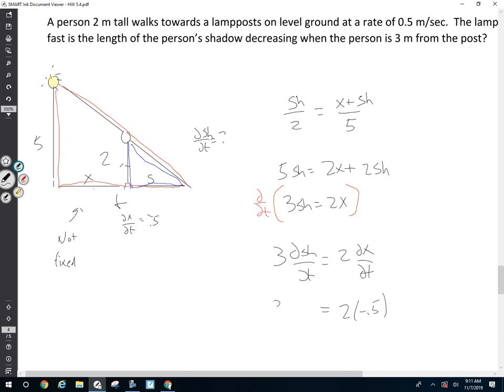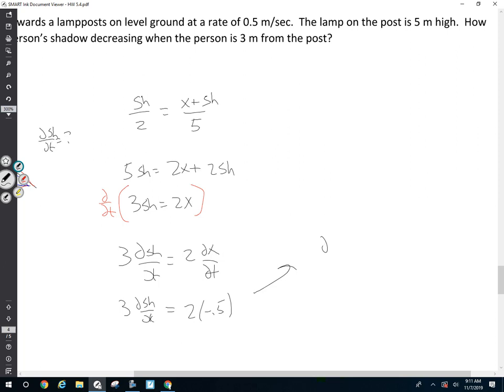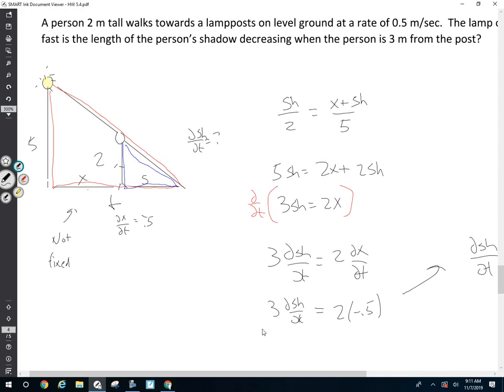Divide that by 3, and I'll get dsh/dt negative 1/3. All right, and that makes sense. The shadow's length is decreasing, because he's walking towards it, the light's going to hit and the shadow length's going to get smaller.